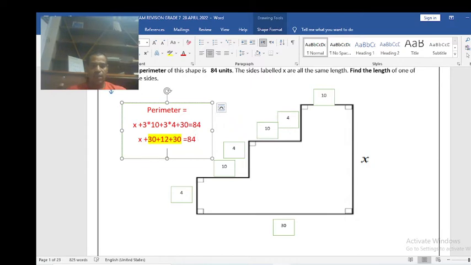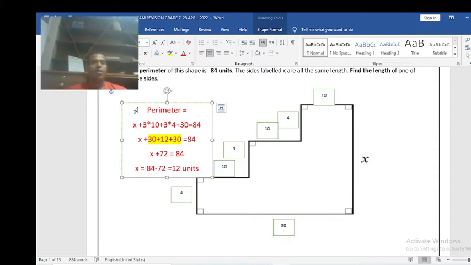I will write X plus 72 should be equal to 84. Then to find the value of X, I subtract 72 from both sides. So therefore X equals 84 minus 72, which is equal to 12 units. Clear? This is how to solve this question.